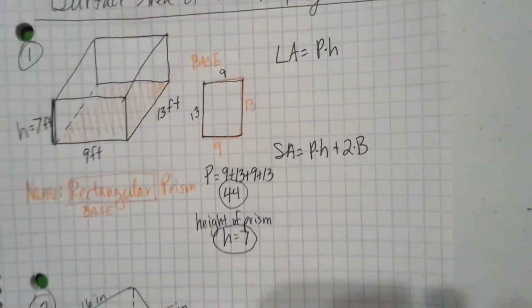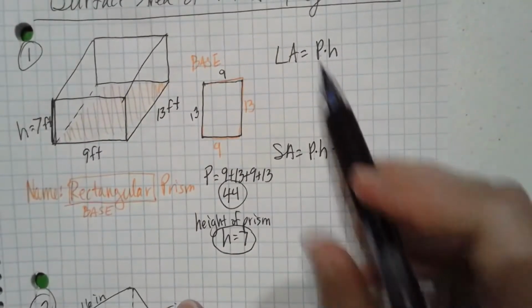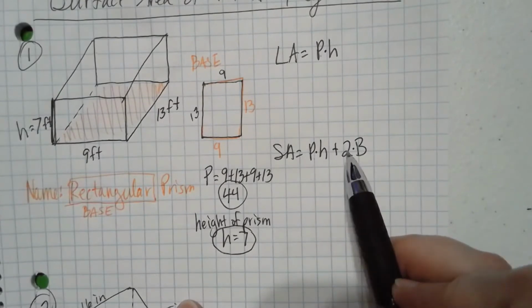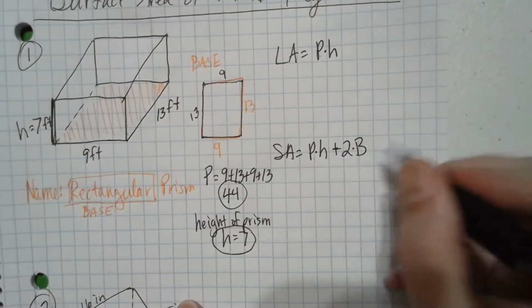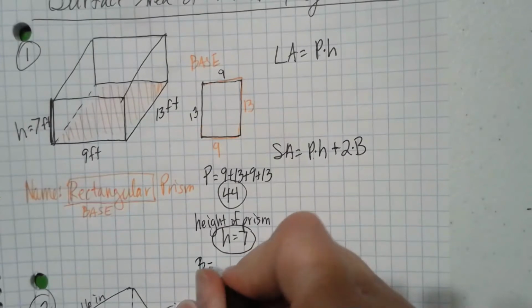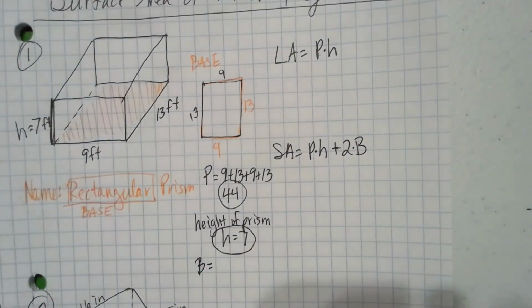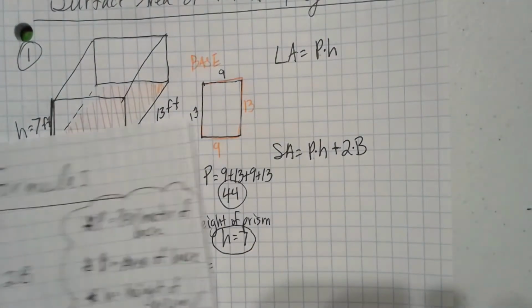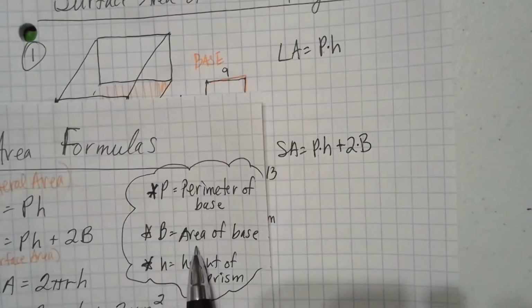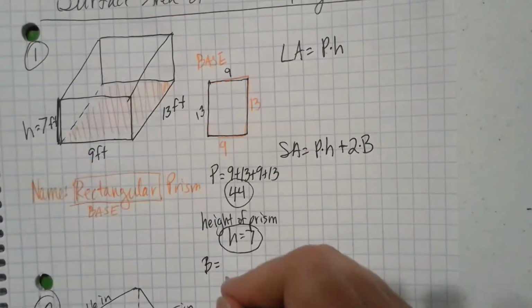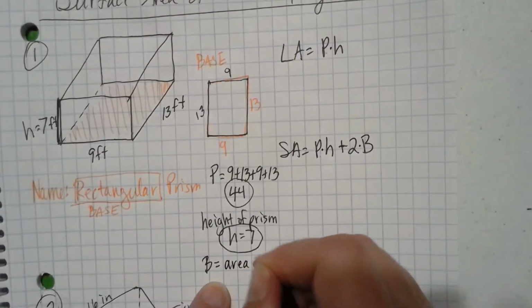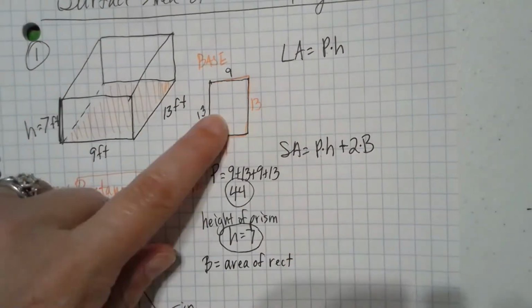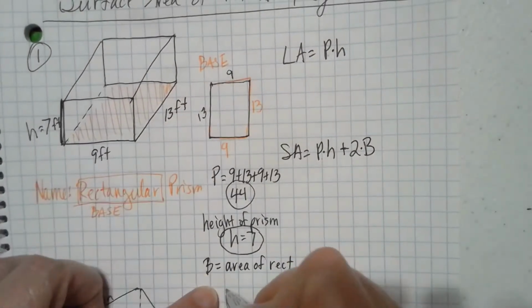The only other thing we need is, capital P and H already done, 2 doesn't change, we need a capital B. Capital B stands for, don't say base because that's not right, area of the base. So the area of the rectangle, which is the base, how do we find the area of a rectangle?